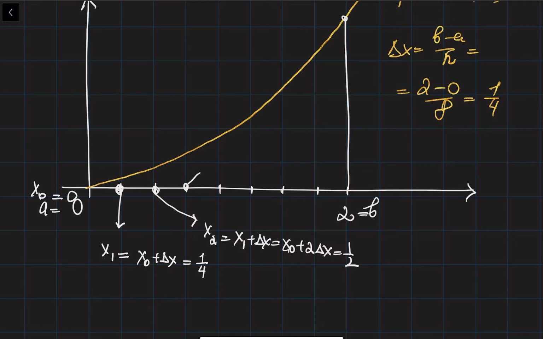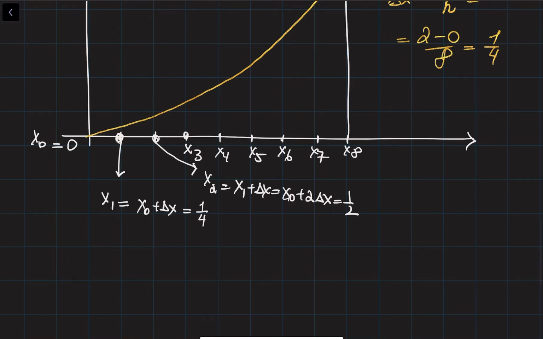This point here is going to be x3, this is x4, x5, x6, x7, and x8. So we started from x0 and we finished with x8.